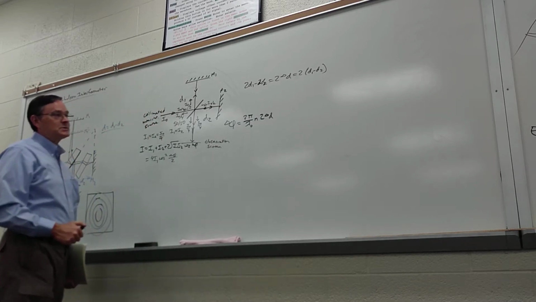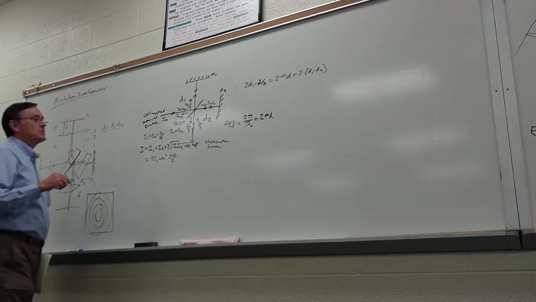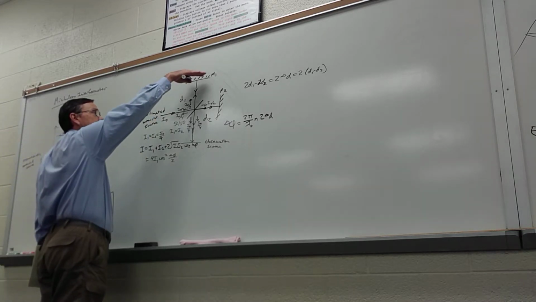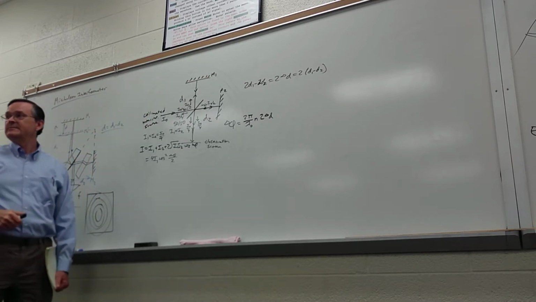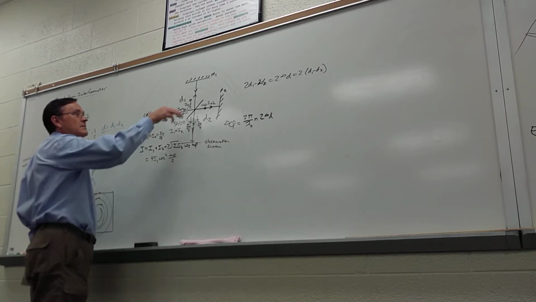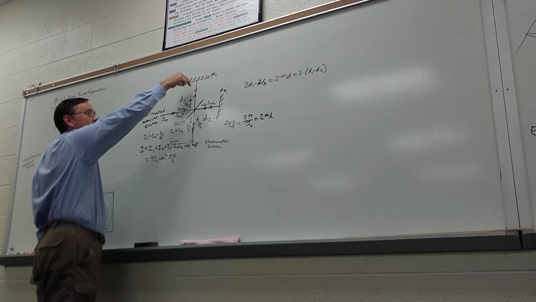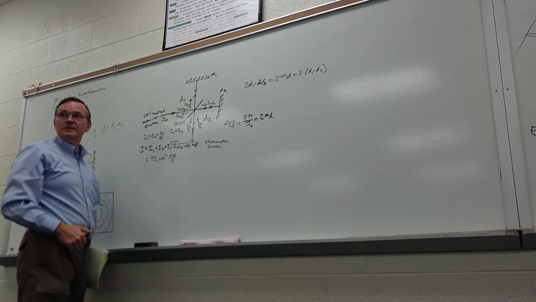So we need to explore 2 other variations on this. First variation is, what happens if I take mirror M1 and I start to tilt it a little bit? Well, yeah, they're not going to interfere. The light that travels this path is going to be at a bit of an angle here, right?